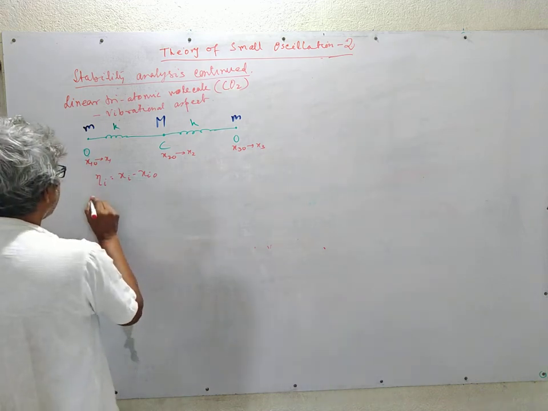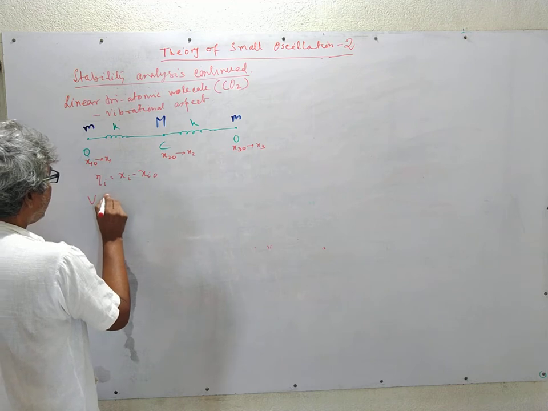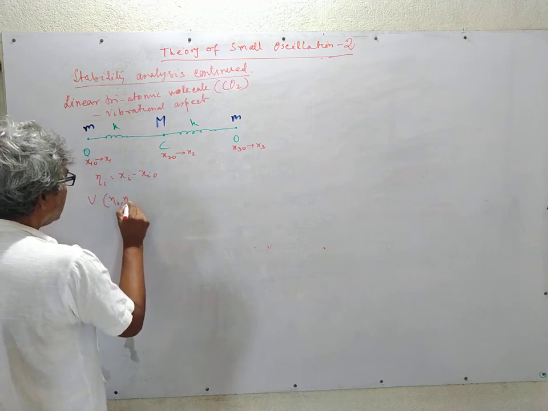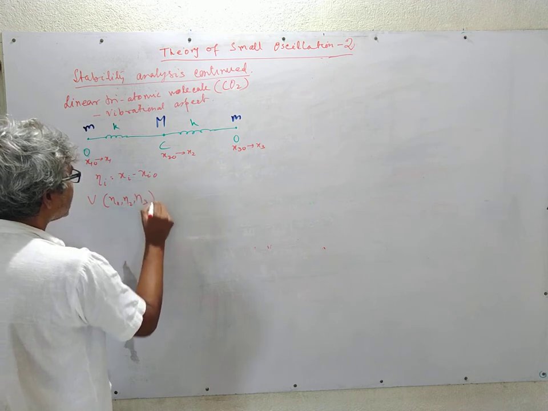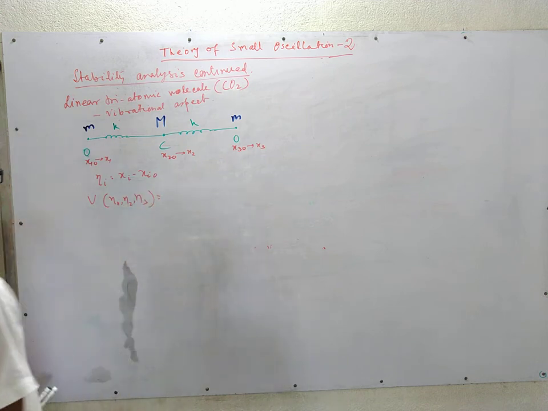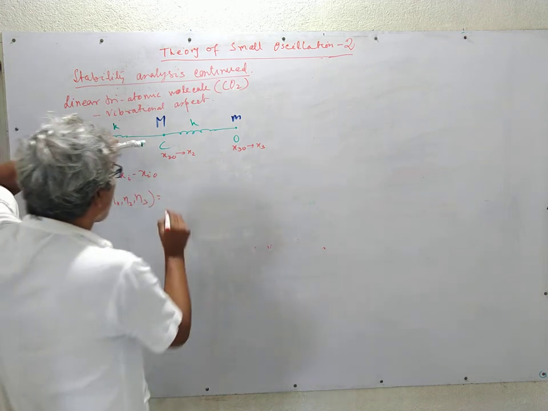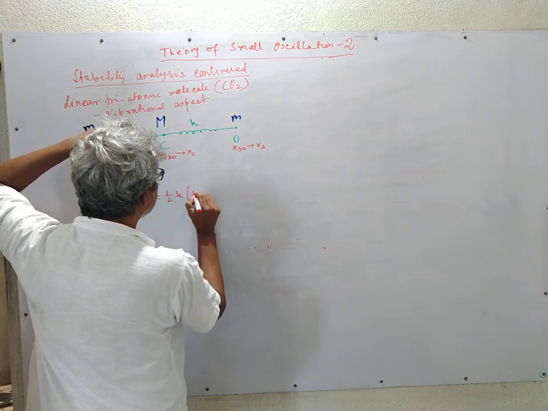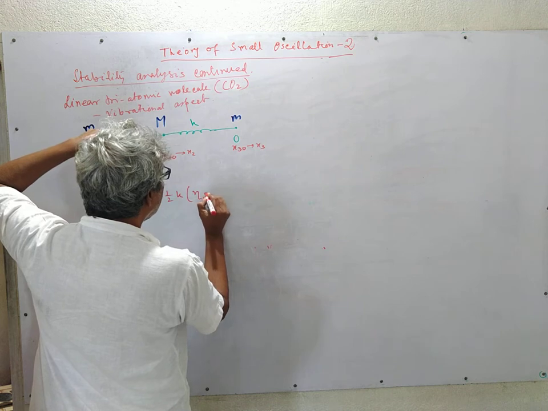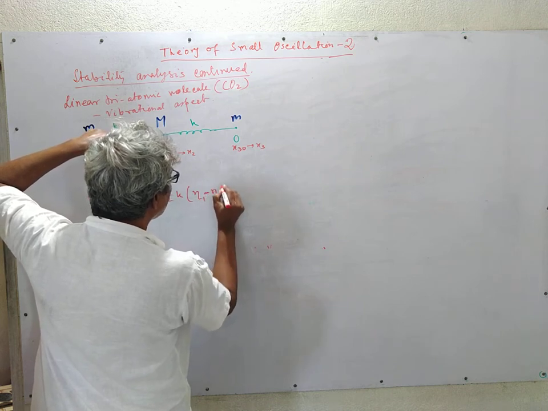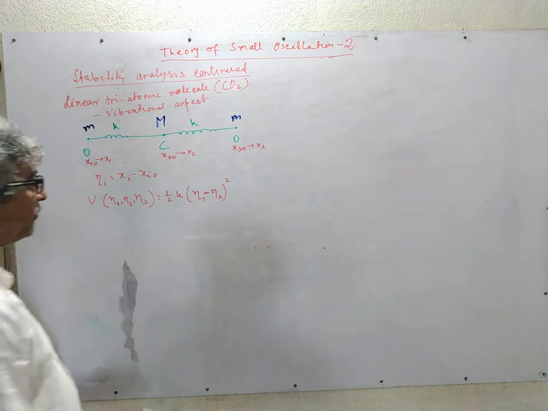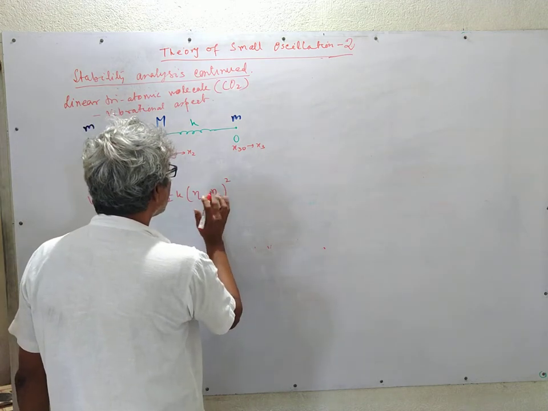So the potential energy V of the system is a function of eta 1, eta 2 and eta 3. This is for this spring. The elongation or compression of this spring is given by eta 1 minus eta 2. So the potential energy is proportional to the square of the deformation, half k eta 1 minus eta 2 squared.